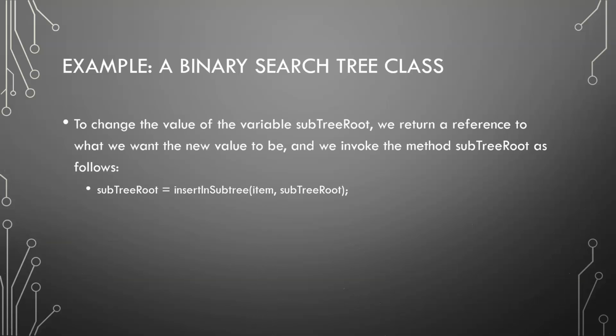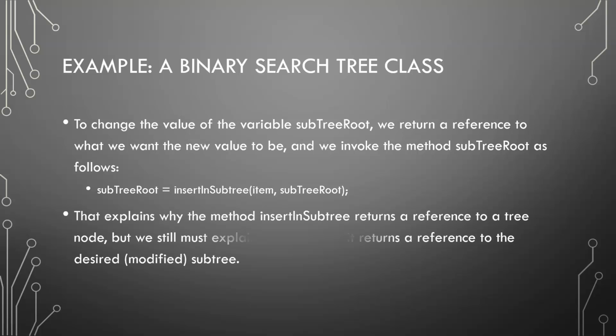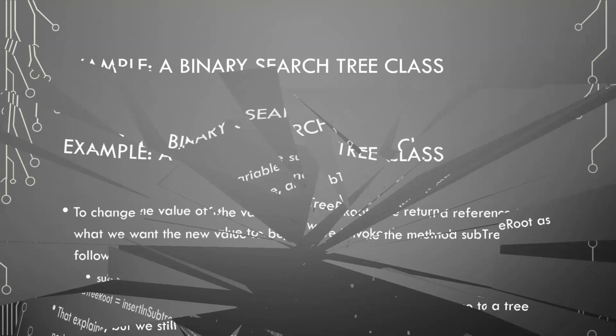To change the value of the variable subtreeRoot, we return a reference to what we want the new value to be, and we invoke the method as follows: subtreeRoot = insertInSubtree(item, subtreeRoot). This helps explain why the method insertInSubtree returns a reference to a tree node, but we still have to explain why we know it returns a reference to the desired or modified subtree.